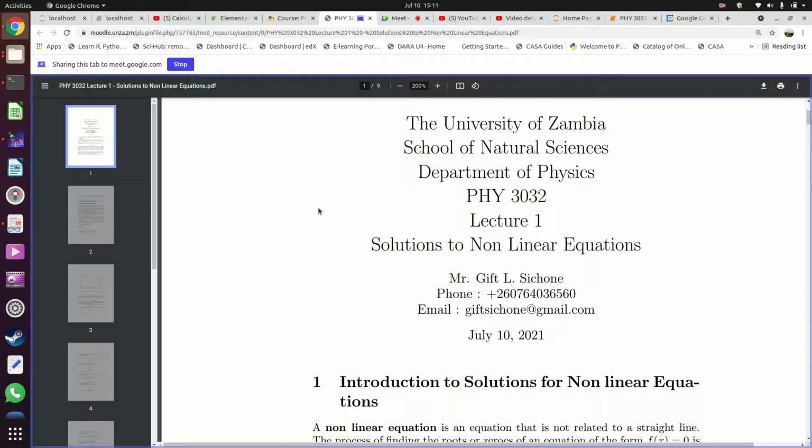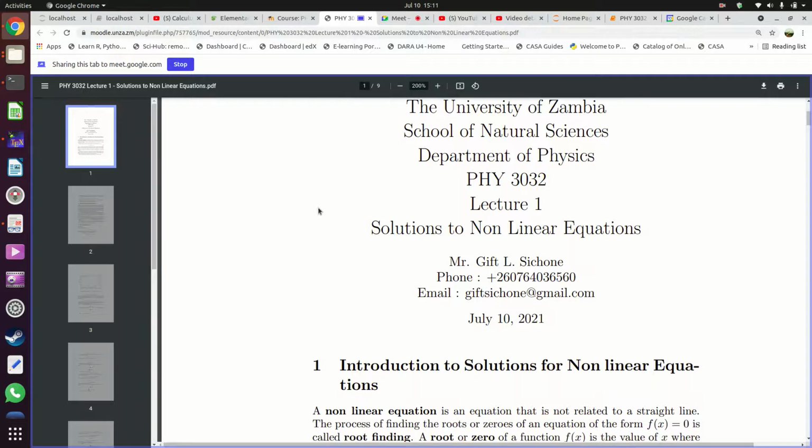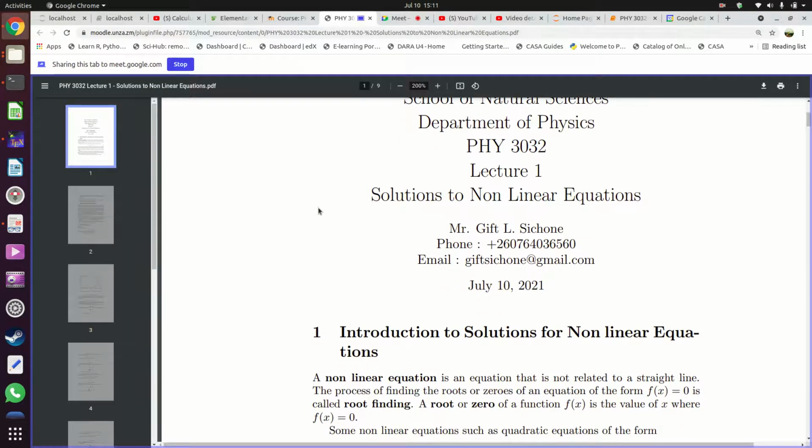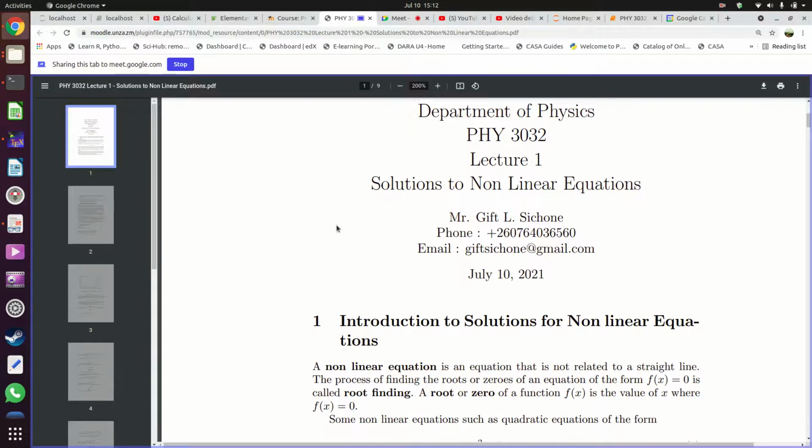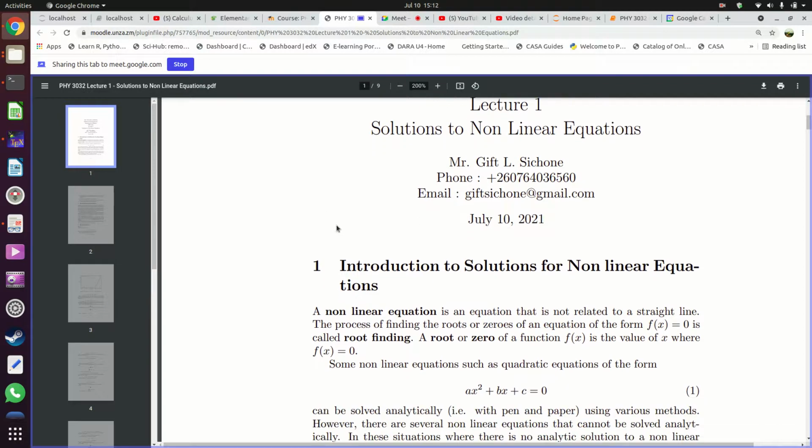Okay. So the first thing we want to look at is a topic on how to find solutions to what are referred to as nonlinear equations. These are equations which are not straight lines. For example, a quadratic equation, a cubic equation, or a bunch of other things which are not straight lines. Okay? So a nonlinear equation basically is an equation which is not related to a straight line.